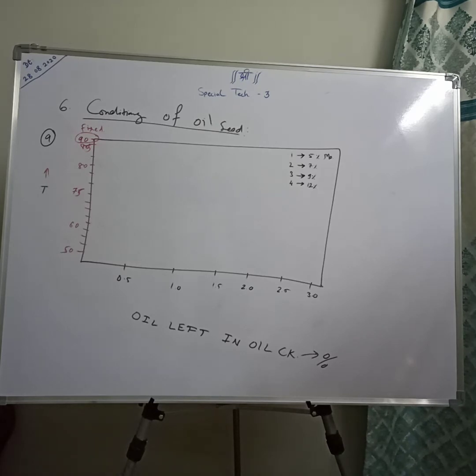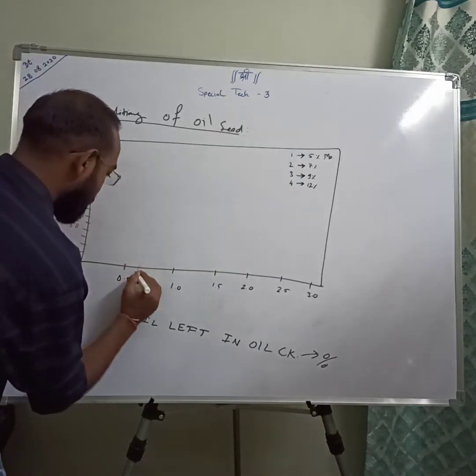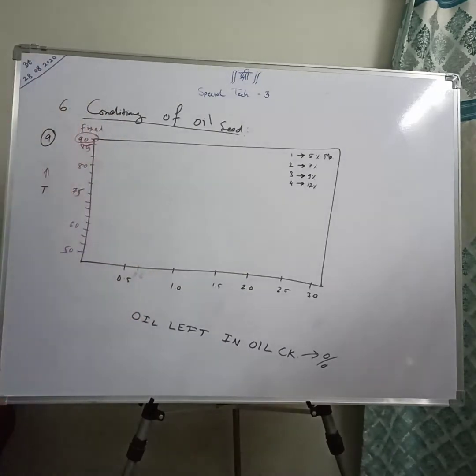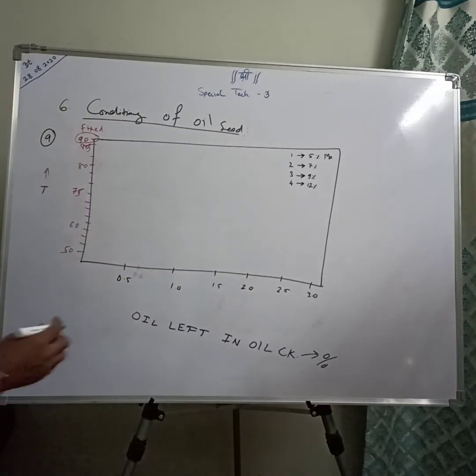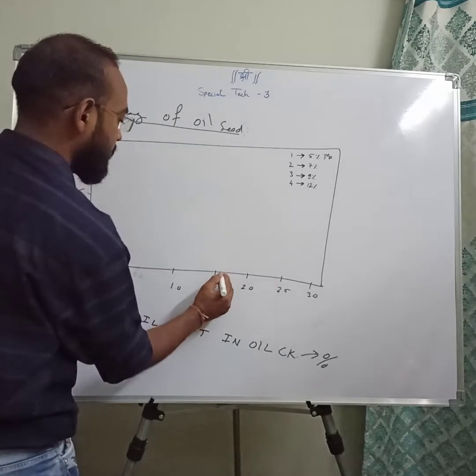The first will start from 1.5, and it will end somewhere around 0.6. So here is the 0.6.